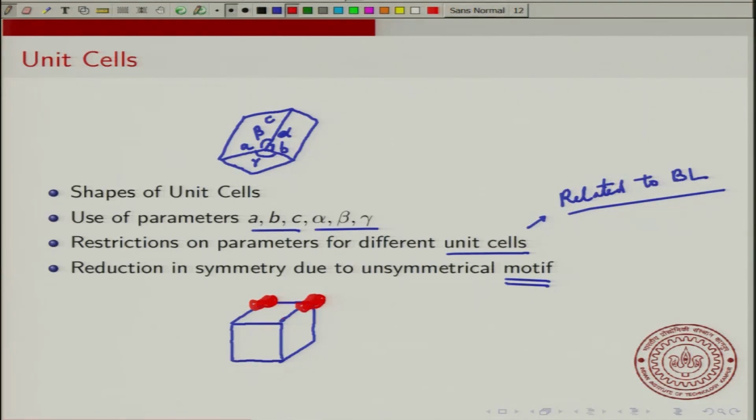So, the lattice is definitely a primitive cubic lattice, but I have this unsymmetrical motif. So I can write this as a primitive cubic lattice plus this motif.